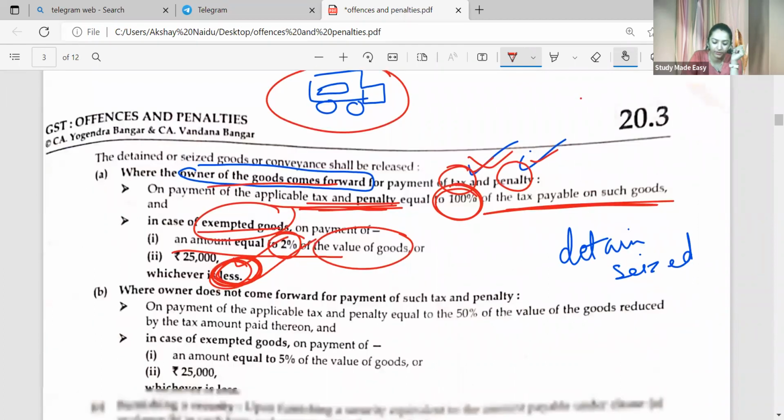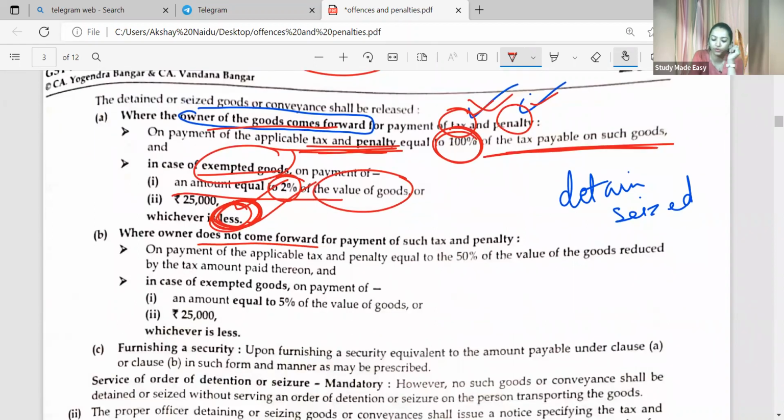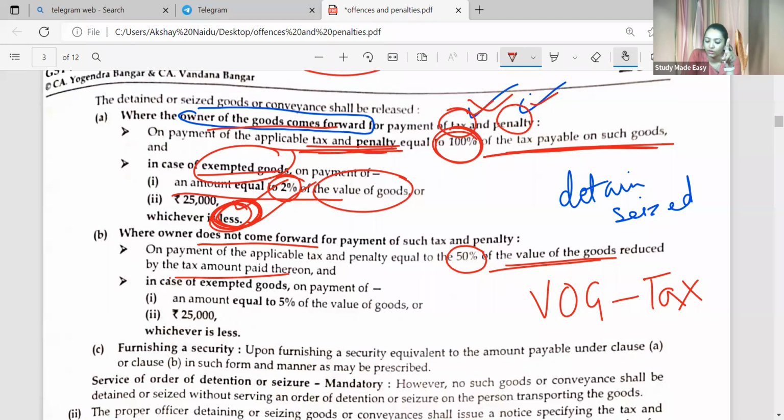Then, ma'am, if the owner doesn't come forward, how much will it be now? Now it would not be tax. Value of goods reduced by the amount of tax you have paid. Valuation of the goods will be done. After that, tax will not be included in it. So whatever tax you have paid, 50% of that will be the penalty. Penalty is on the value. Are you getting it?